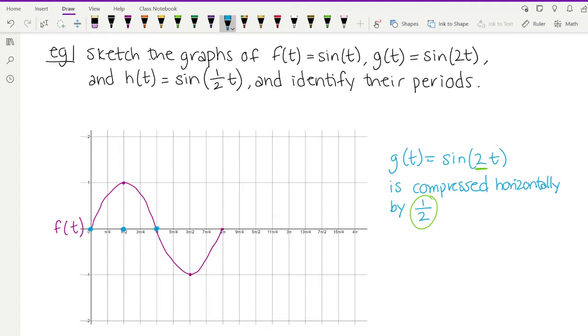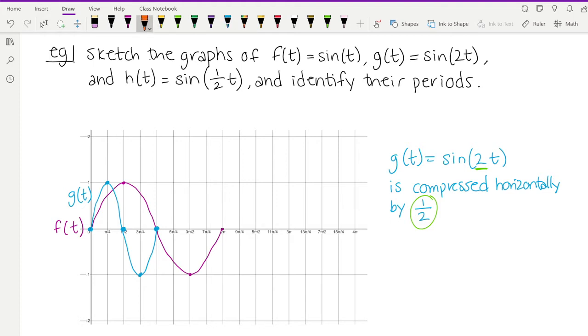And so it's going to go up to its maximum halfway between 0 and pi over 2, which is at pi over 4. And it's going to go down to its minimum halfway between pi over 2 and pi, which is at 3 pi over 4. So just using symmetry and a general knowledge of the shape of this graph to fill in the rest. Okay, so that is our graph of g of t is equal to sine of 2t.